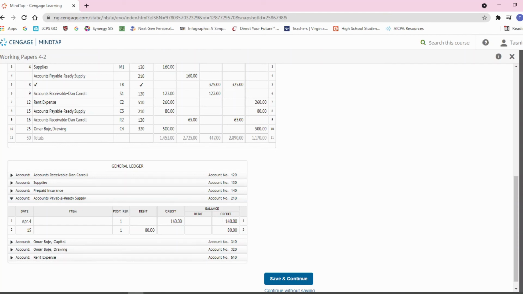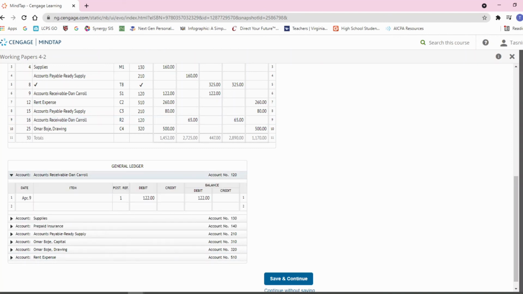Alright, so next one, on the 16th, we have accounts receivable from Dan Carroll again. So let's go to our accounts receivable. We already have April there, so we only need to put the day. That is on the 16th. Leave the item blank. Page number 1 for the post reference in your general ledger. And that is for $65.